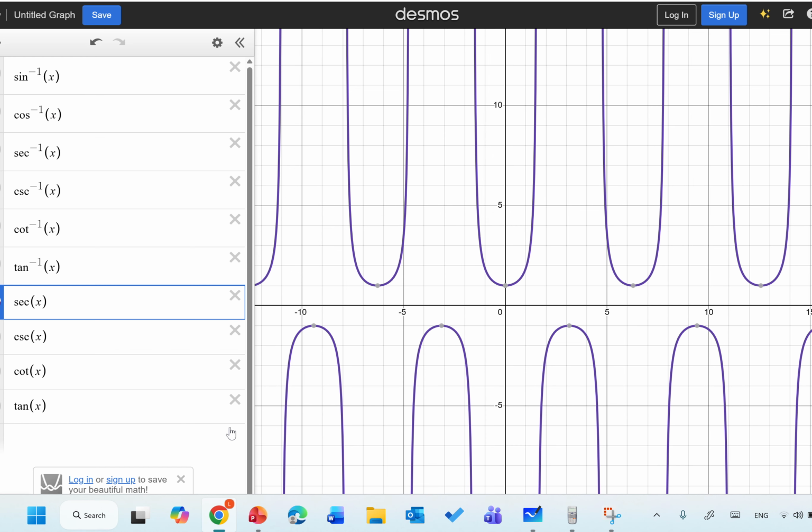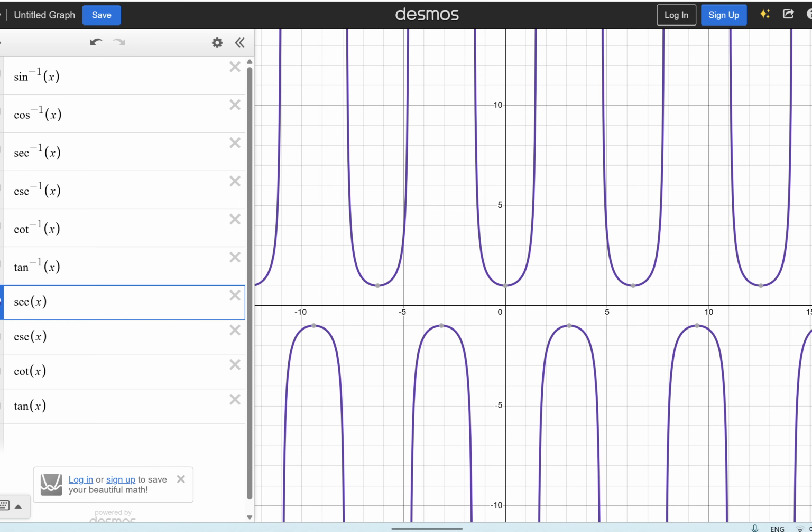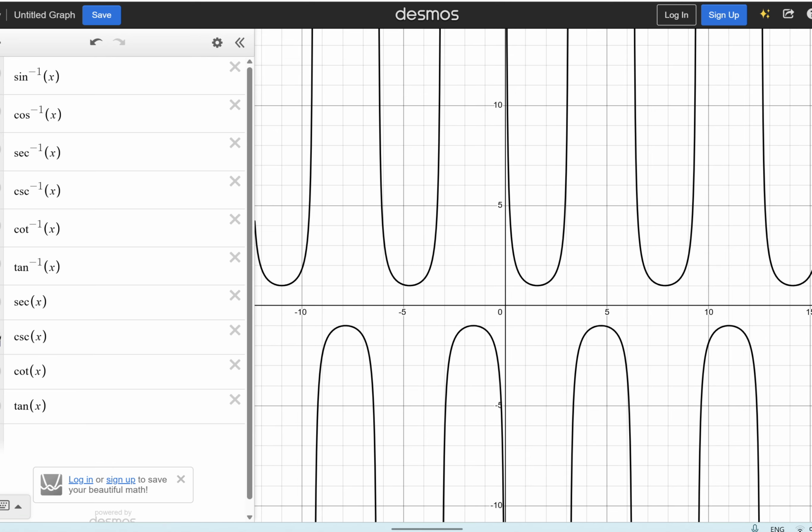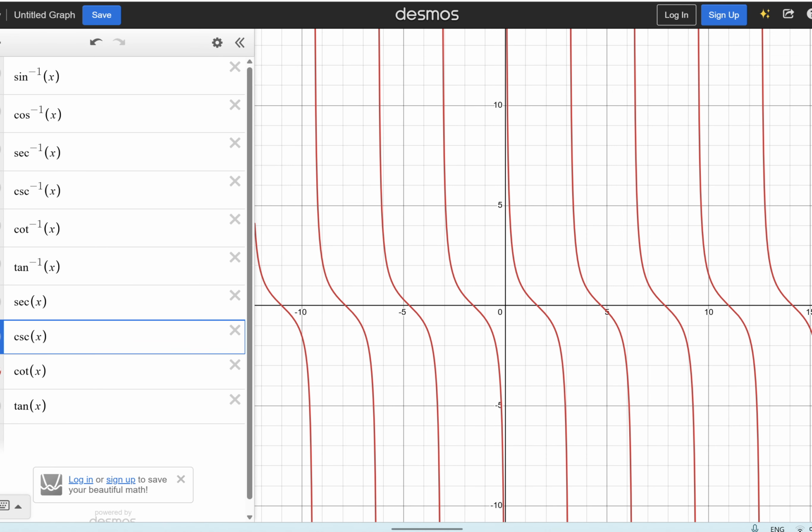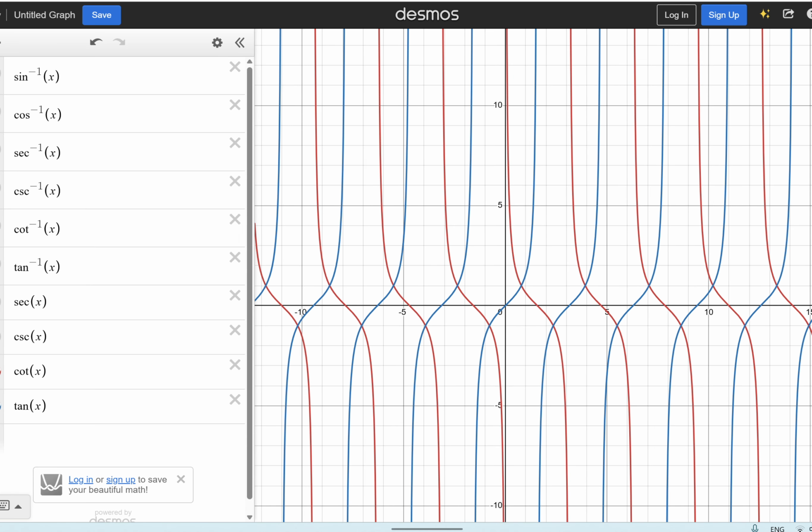Also no. Why? Again, if I go back here, look at the function cosecant. Cosecant is also not bounded. It keeps going up, it keeps going down. It's not oscillating between a maximum and a minimum. Same with the cotan. Look at the cotan. Keeps going up, down. Same thing with the tan.